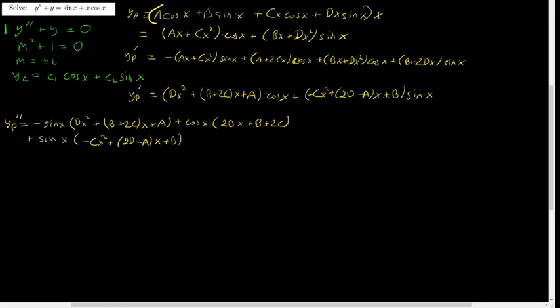So I just realized I didn't take the derivative. Oops. All right. There we go. So what's the derivative of all this? It's going to be negative 2cx plus 2d minus a.